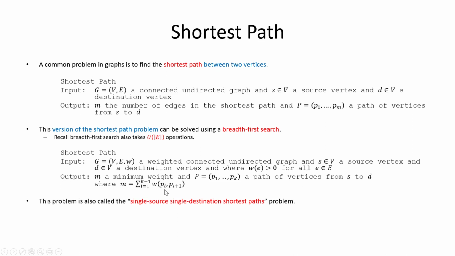A common solution to this problem, Dijkstra's algorithm, solves a slightly different problem. It solves this problem for us, but it solves a more general problem, which is the single source any destination shortest path problem, meaning it doesn't just find the shortest path from S to D, it finds the shortest path from S to every possible D.